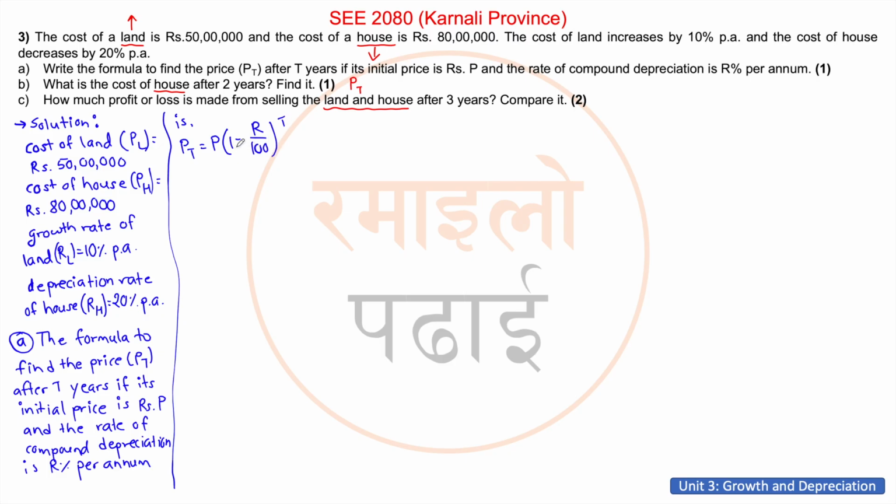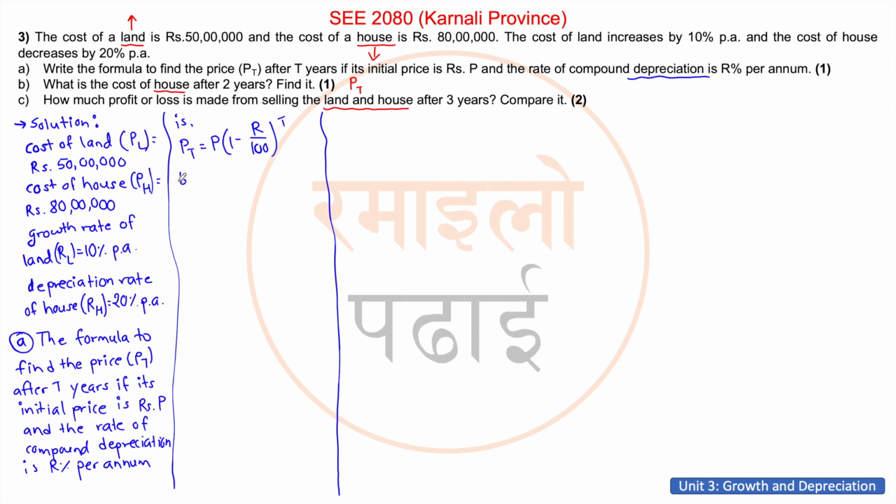Why is there minus? It is because the rate is depreciation rate, not the growth rate. If it was growth rate, then we would have put plus instead of minus here. So this is the solution to question number A.